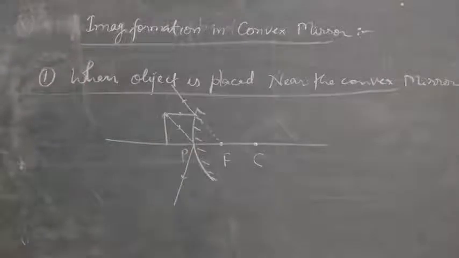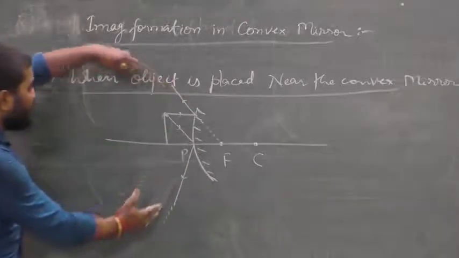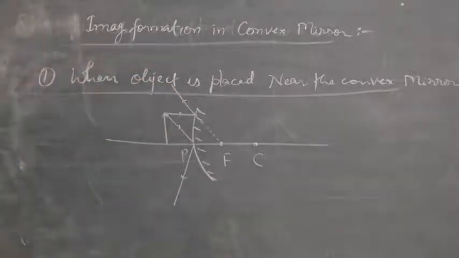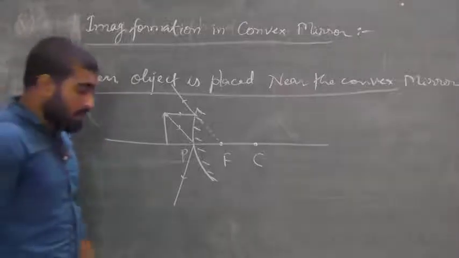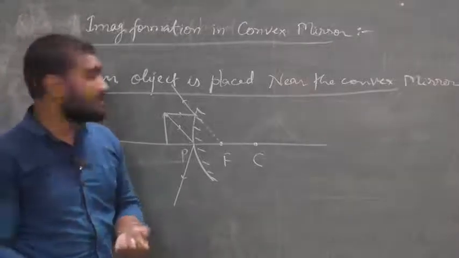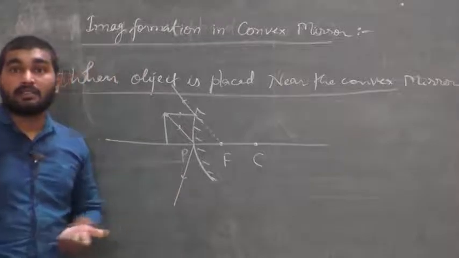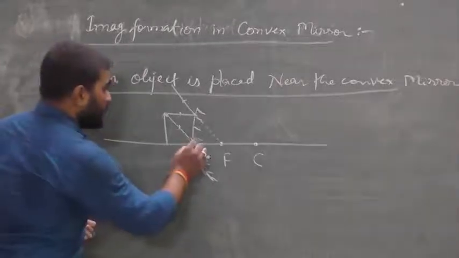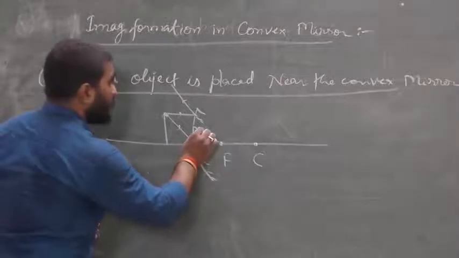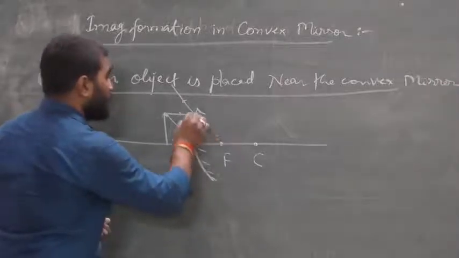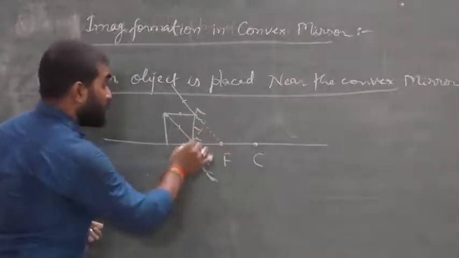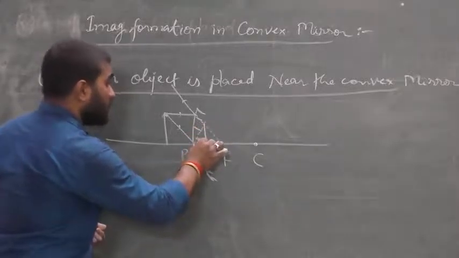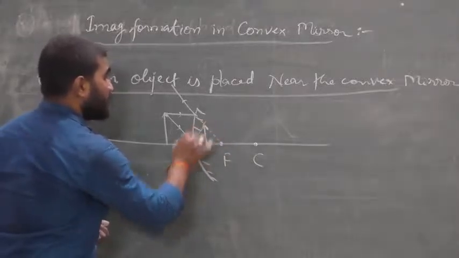Now we can see both reflected rays can never intersect each other. So here there is no possibility of a real image, but we can see our image inside of a convex mirror. So these reflected rays will go back by a virtual line, and now we can see both reflected rays are cutting each other virtually, between P and F beyond the mirror.